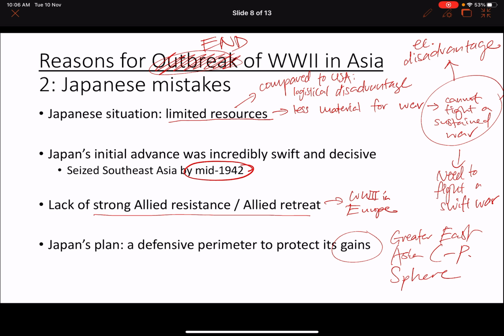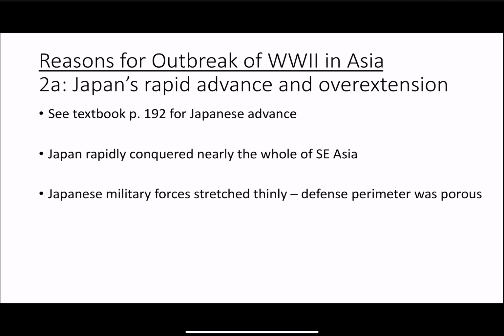They have to move very quickly. Therefore, once they secure what they want, they will defend it so that they can consolidate their gains. So we already know that this happened. What is the situation? This concerns the Japanese rapid advance. Now, why is it overextended?